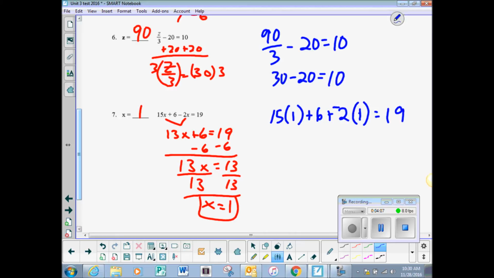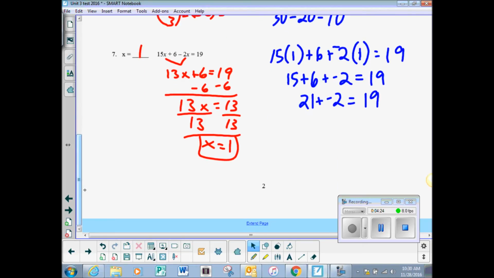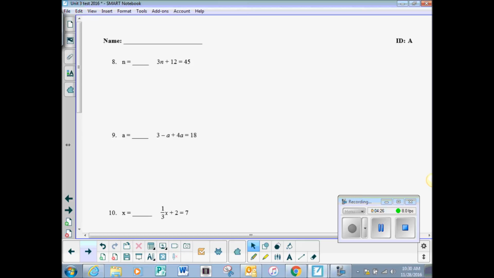Plus a negative 15 plus 6 is 21. Plus a negative 2, 19. Yes, it is. See how nice it is to know that you did it right? You don't even have to guess. So, think about that. Check your answers.